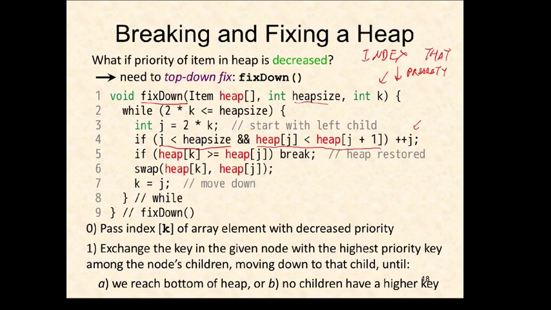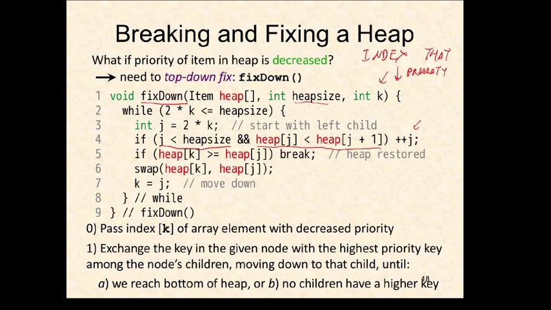In line 5, we check if heap sub k is greater than or equal to heap sub j. And the comment even says what we're doing. We're checking if we've restored the heap property, we can drop out of the loop, and really we could change that break to a return because we're done with the whole thing.